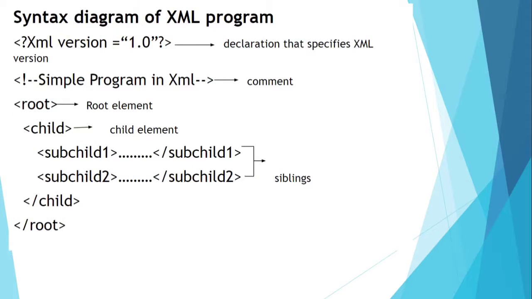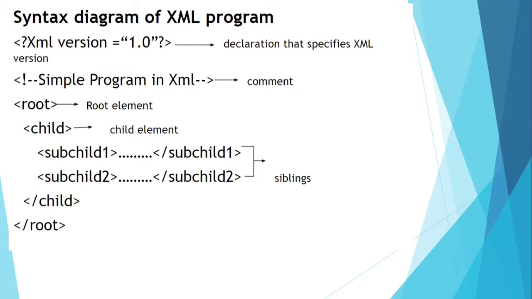This is how a basic syntax diagram of XML looks. The first line declares the specific XML version, and then comes the comment. Then the root element, which is the header of the file, and then the child element follows it. XML can even contain subchilds.